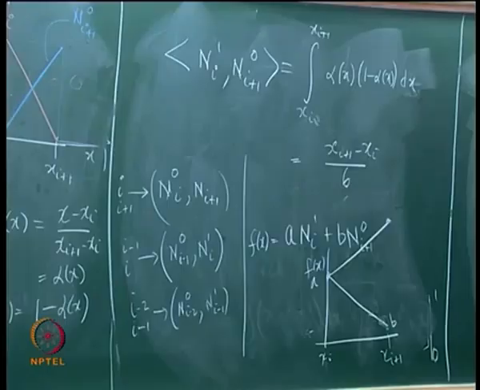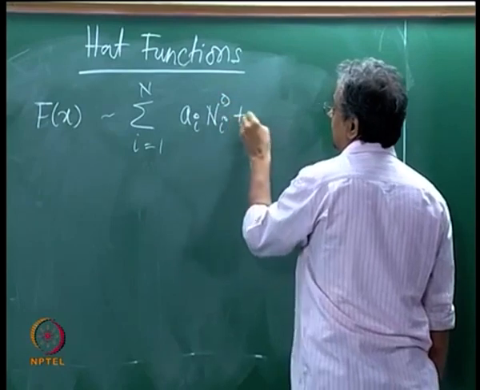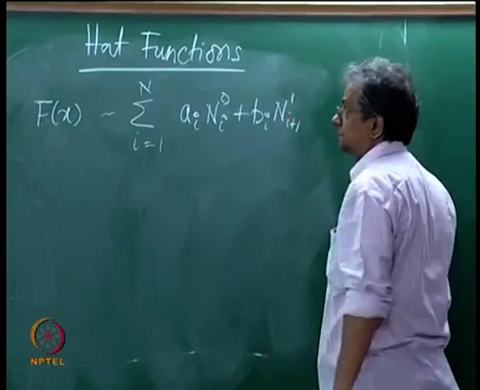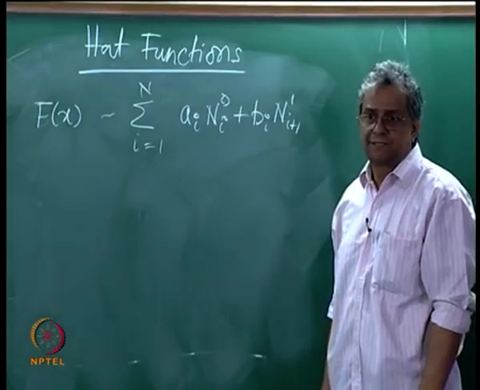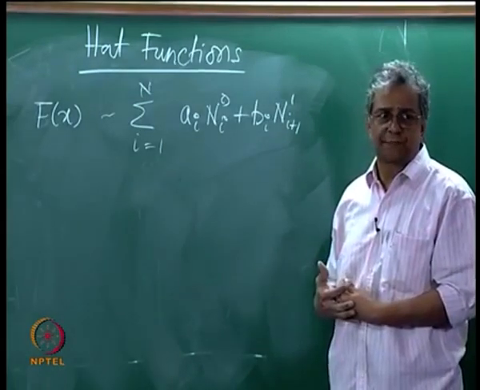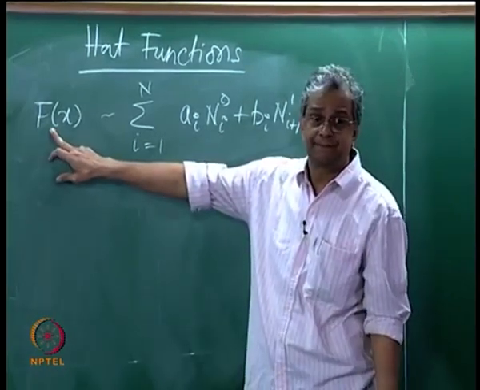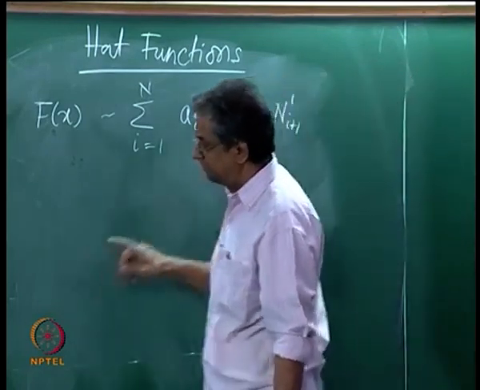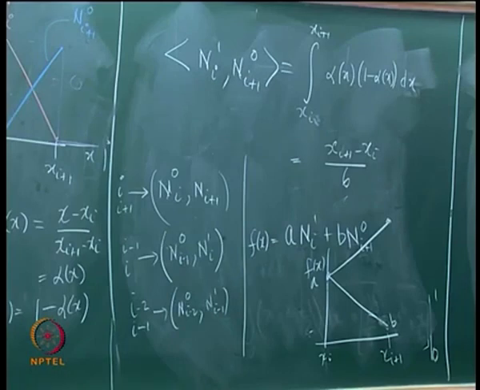What am I going to get? ai ni 0 plus bi ni plus 1 1. Is that fine? The intervals are non-overlapping, they are orthogonal. It should be possible for me to represent any function f of x in this fashion. On any given interval, the ai bi will give me the straight line interpolant between those 2 points.